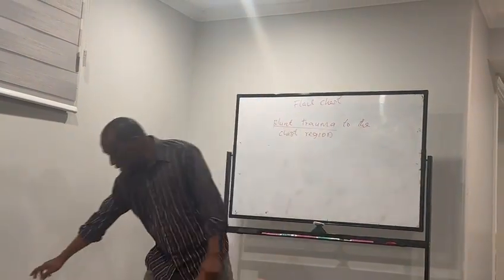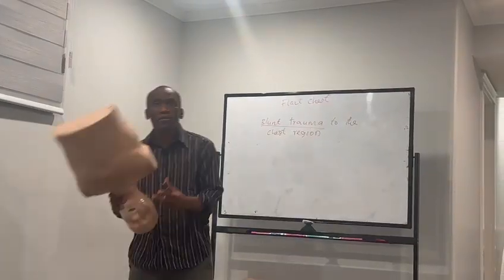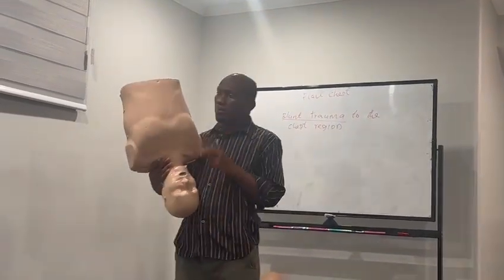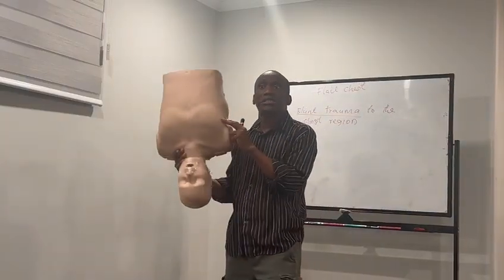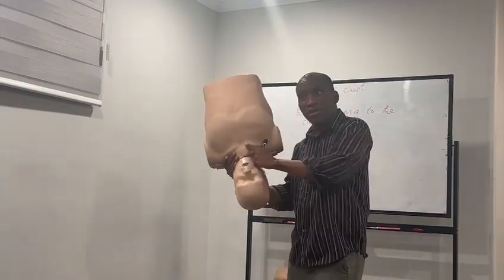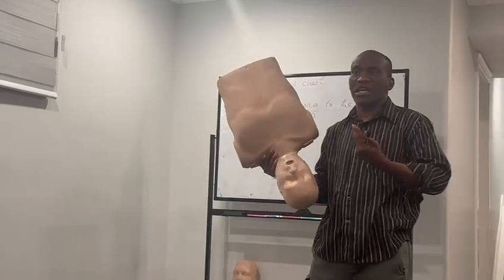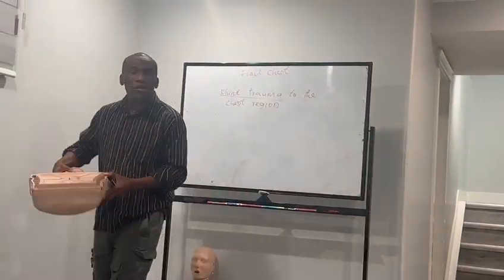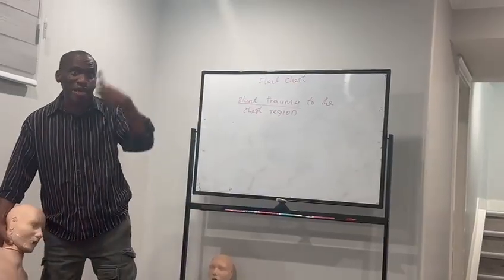So for instance, this is blunt. If somebody's chest is struck with this, if somebody forcefully hits somebody's chest, that can lead to this. Another good example is a steering wheel.